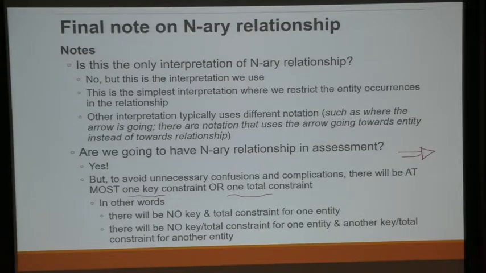Okay, just for simplicity. So yeah, any questions on that? So the main thing here is to try to forget about the terminology, like many to many, many to one, one to many, or one to one. Just look at the constraints themselves from the point of view of the entity sets.